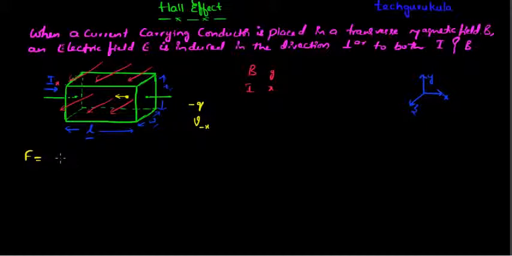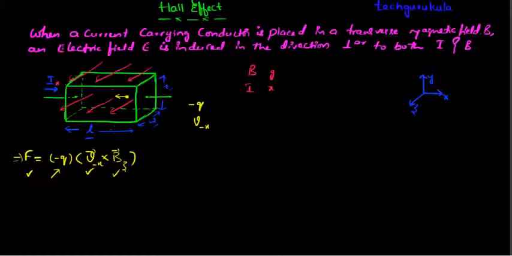F equals to force applied on the particle, in this case the charge is minus Q, times the velocity minus X, vector quantity, cross product with the magnetic field direction here, which is Z. Now what this Lorentz force equation means is, if a particle of charge, say minus Q in this case, is moving with a velocity V in a magnetic field B, then this F will be the force that will be acting upon this charged particle.